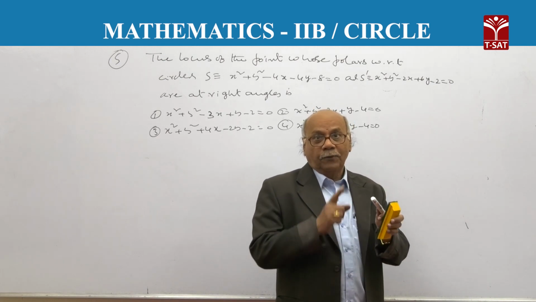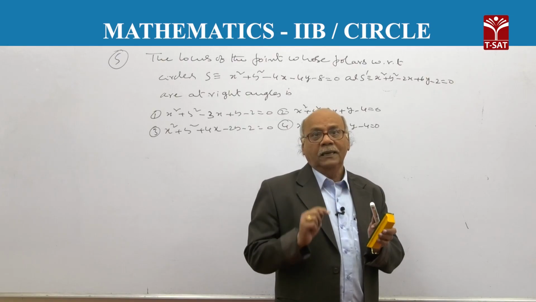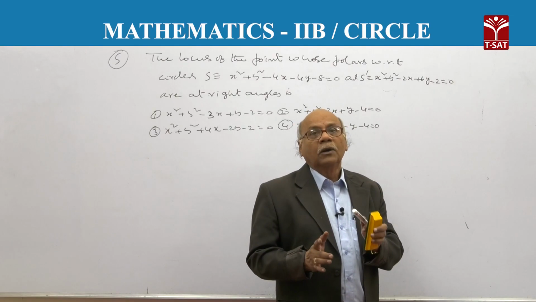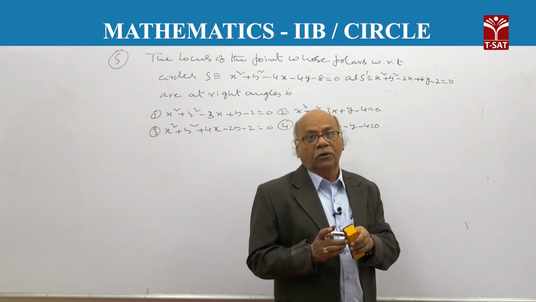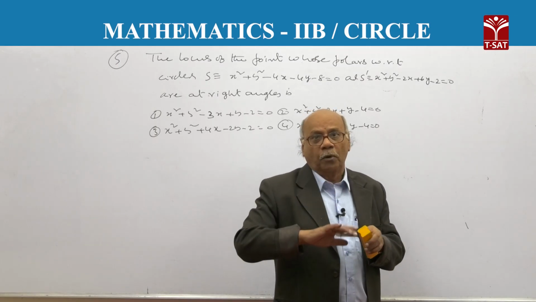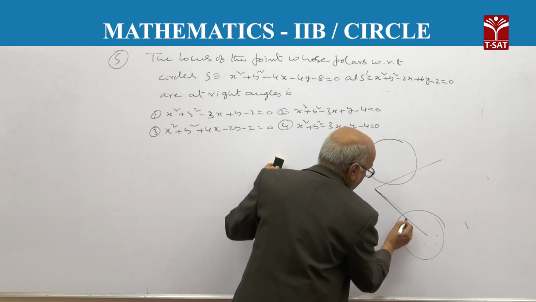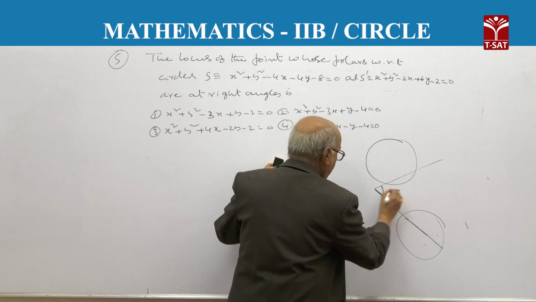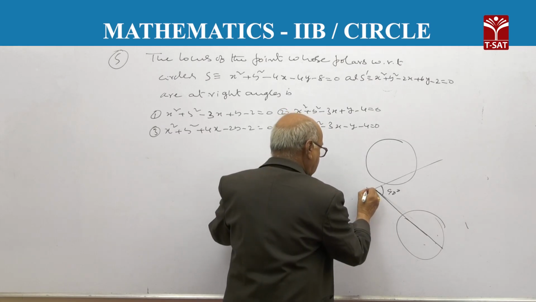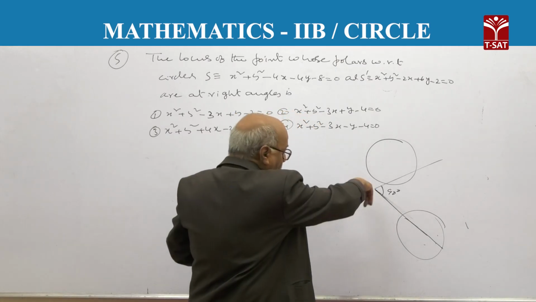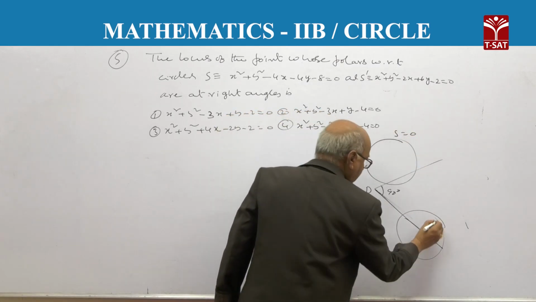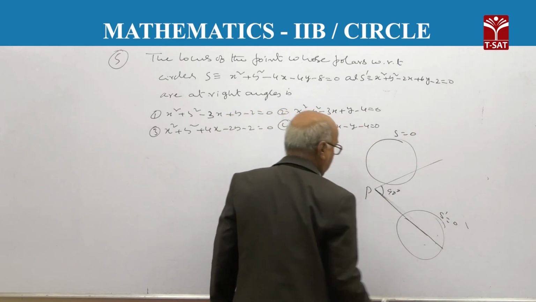If the polars of a point with respect to two circles are at right angles, then what is the equation of the curve satisfied by that point? That's point P. We want the locus of the point P itself. So, S is equal to 0, S dash is equal to 0.